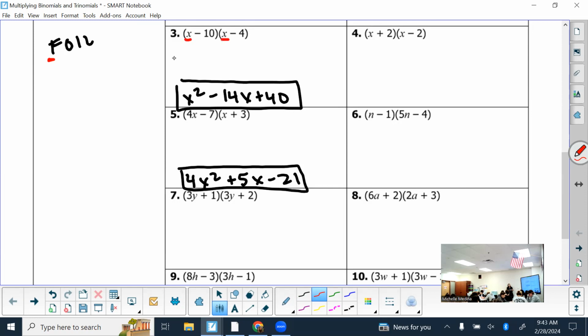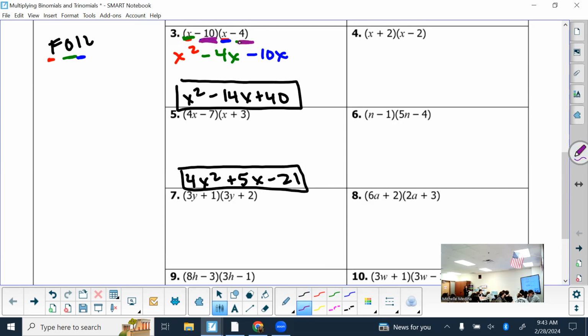What's x times x? Okay, good, x squared. Outer means toward the outside of the problem. So that would be you multiplying this x and this negative 4. What's x times negative 4? Good. Inner terms would be opposite of outer, so towards the middle. Negative 10 times x is negative 10x, good, and then last would be the last term in each parentheses.